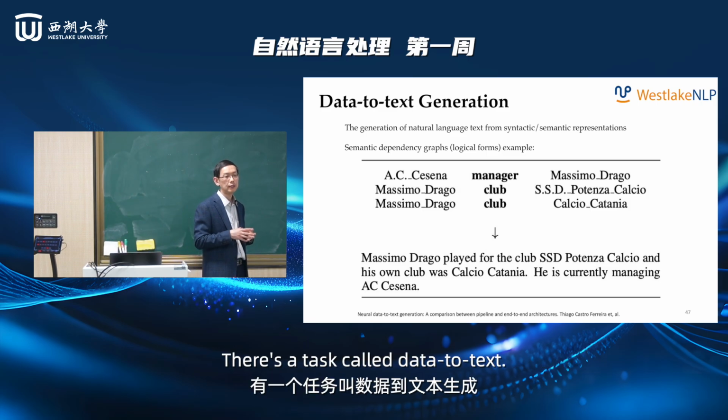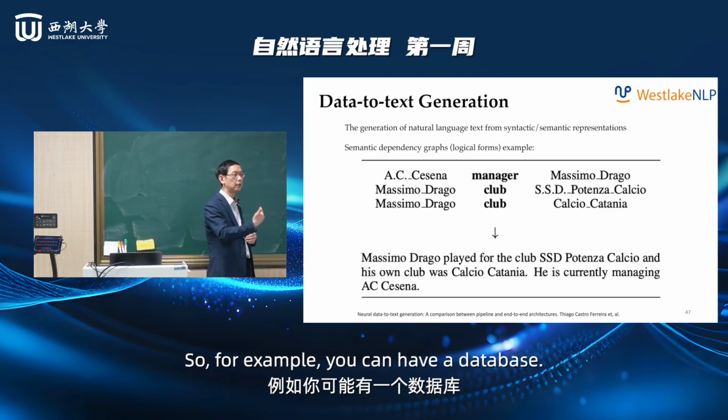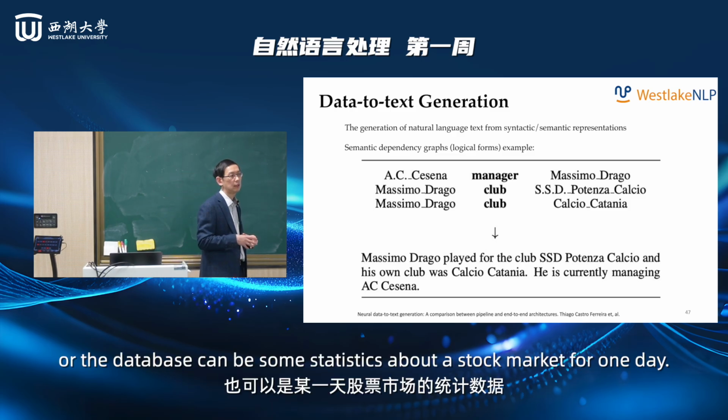And if the input is different, the output is also text. There's a task called data-to-text. For example, you can have a database. The database can be some statistics about a basketball game, or some statistics about the stock market for one day.